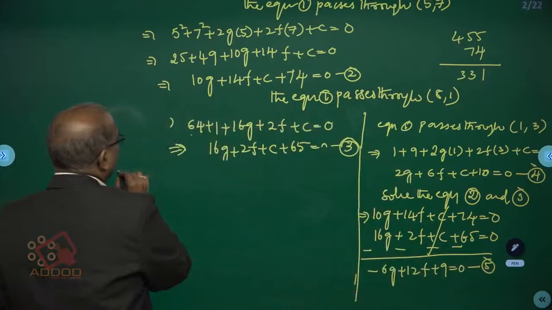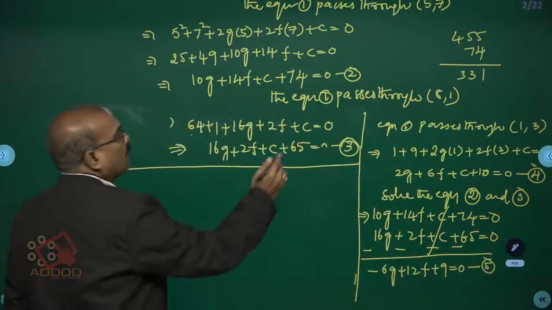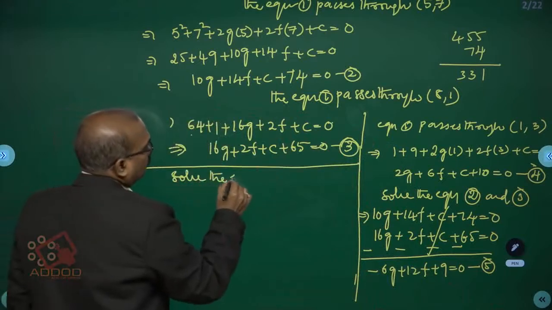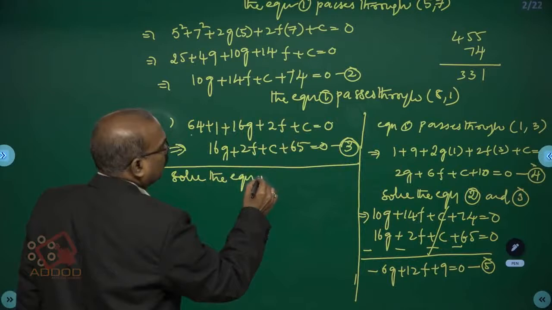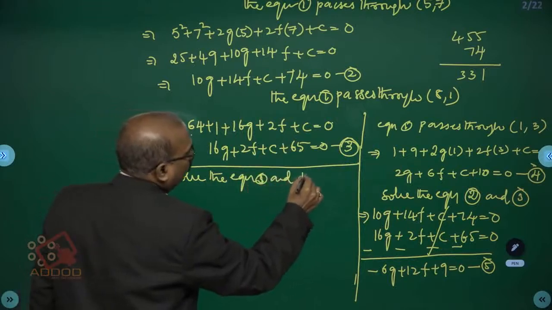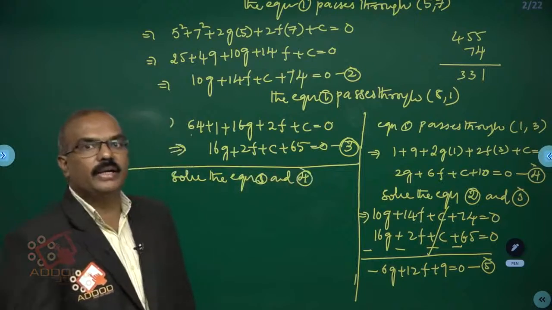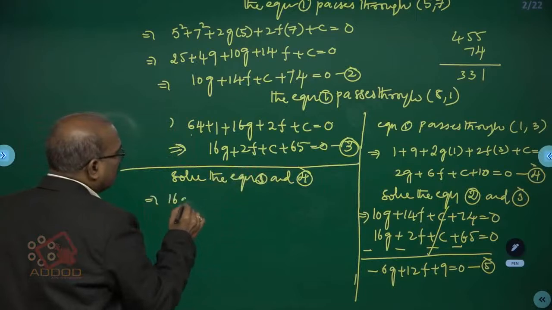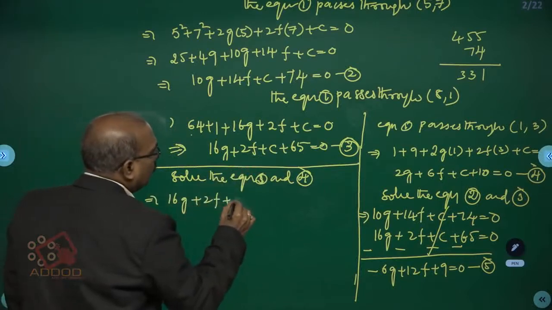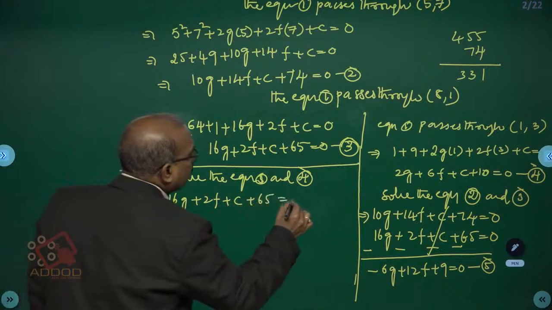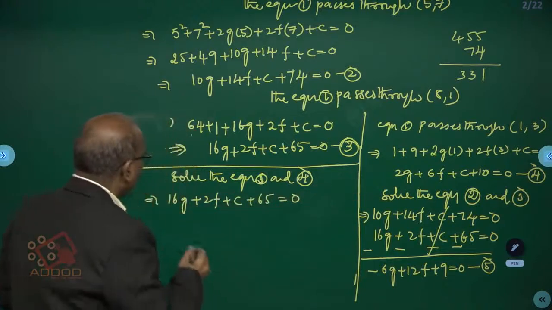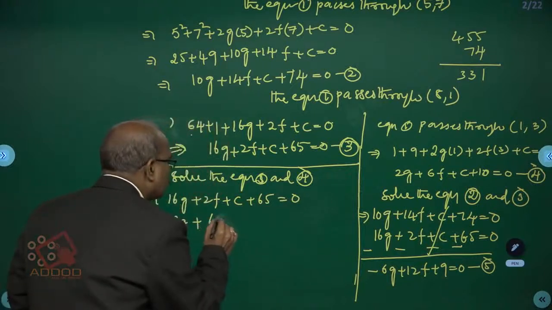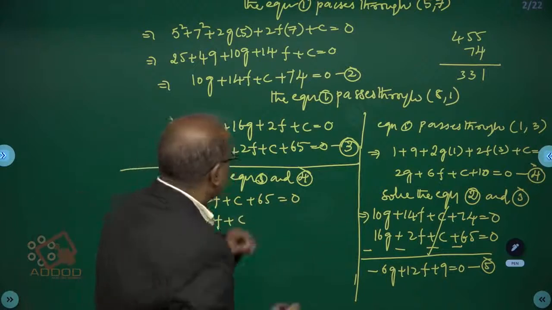Next, solve equation 3 and equation 4. Equation 3 is 16g plus 2f plus c plus 65 is equal to 0, and equation 4 is 2g plus 6f plus c plus 10 is equal to 0.